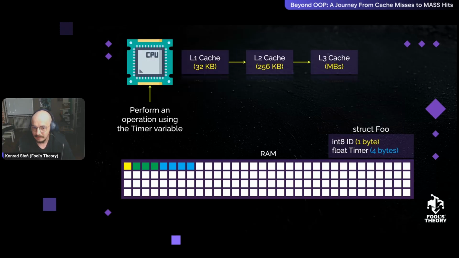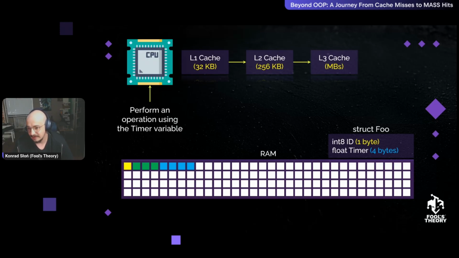Now, when you want to do something with that struct, say you have a struct that has 2 variables, and you want to perform some operation using the timer variable, for example. The CPU has something called cache, and there are 3 levels of it. They have different purposes and different speeds, I would say.